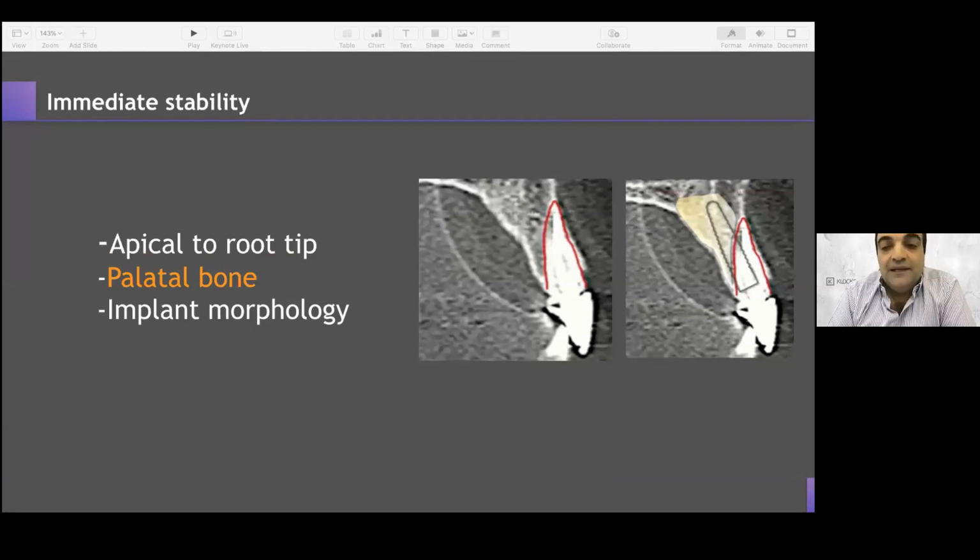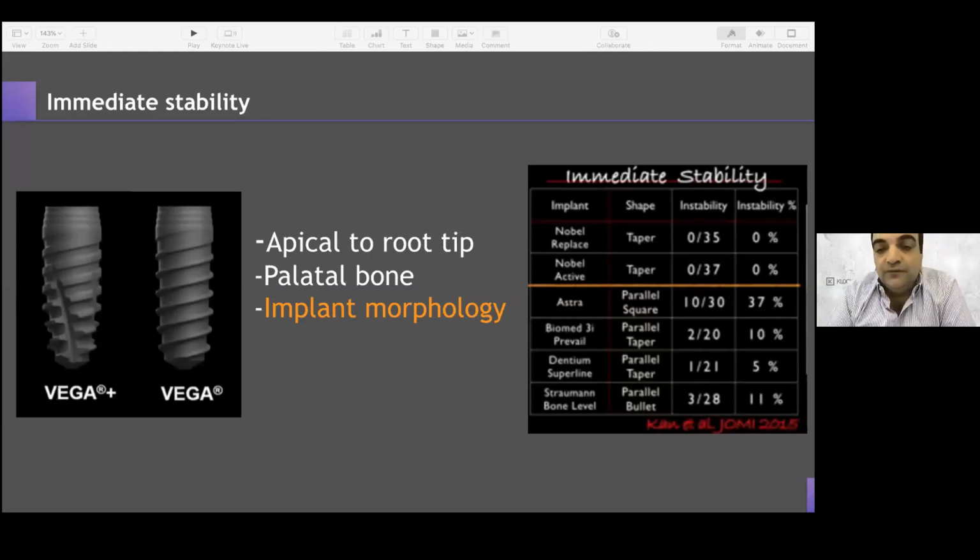We are going to place our implant at the level of the cingulum, but we have to make sure that the axis should not be more than 15 to 20 degrees facial to the incisal edge. What about implant morphology?